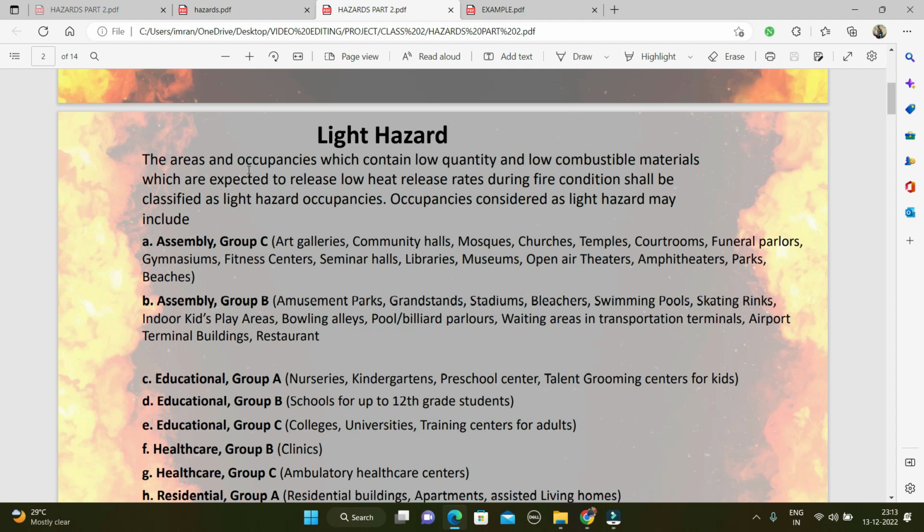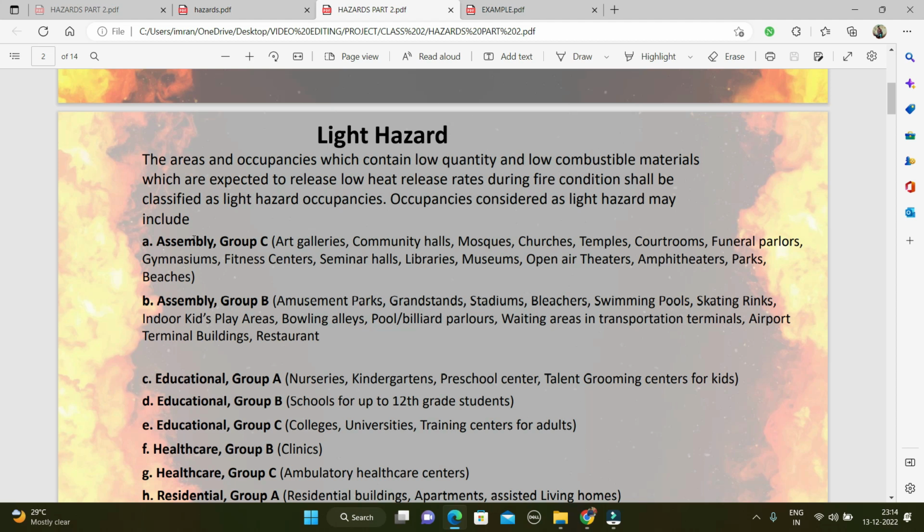See, in light hazards, what does light hazard mean? The areas and occupancies which contain low quantity and low combustible materials, which are expected to release low heat rates during fire conditions, shall be classified as light hazard occupancy.